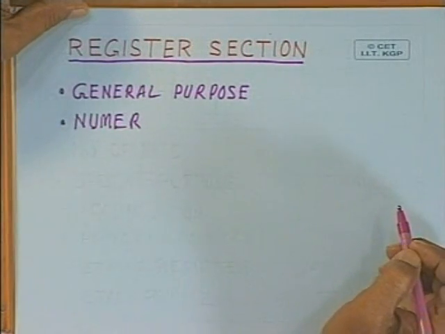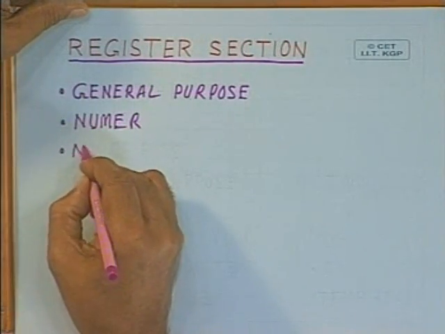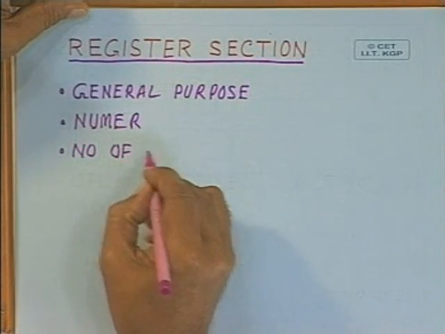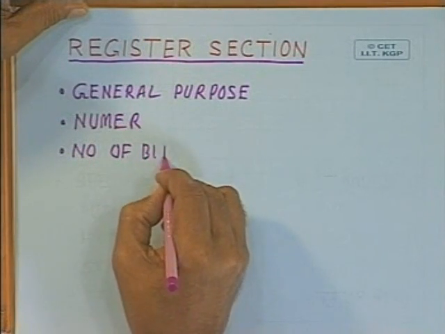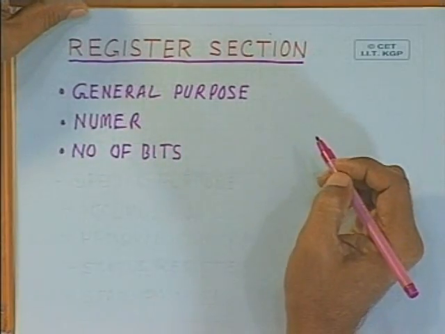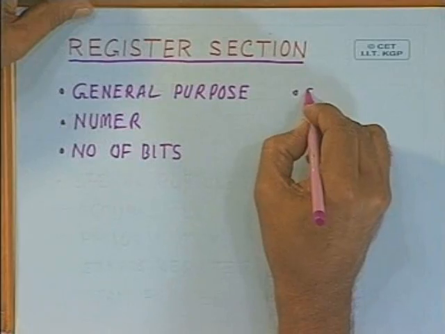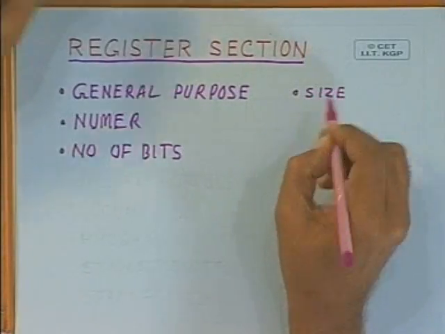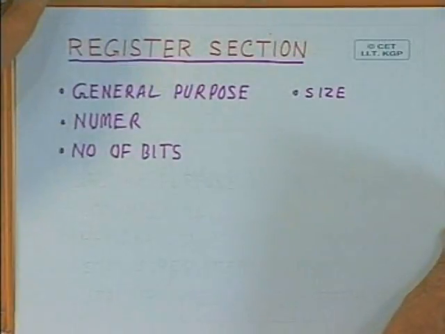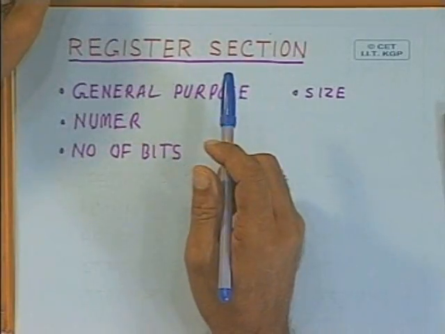And you will find that the number of general purpose registers and the number of bits in different registers will decide its functionality, and the number of general purpose registers which are available inside a particular microprocessor will decide the size of the program. That means to realize a particular task, how many instructions you will require.